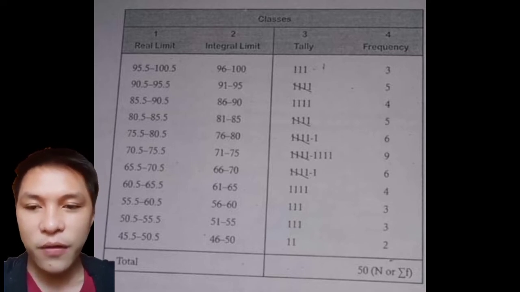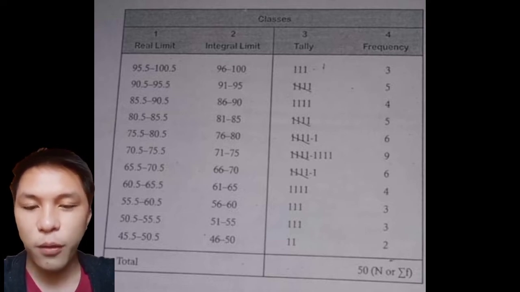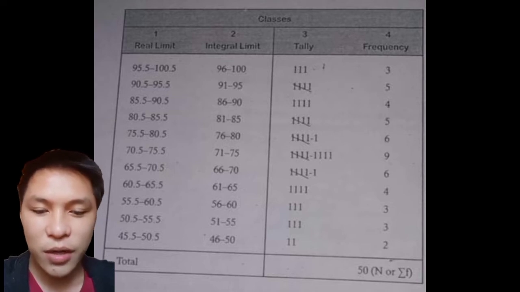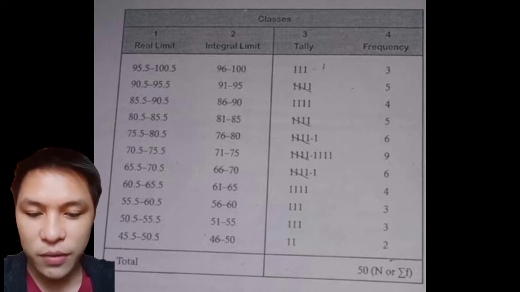So our frequency for 96 to 100 is 3. Our frequency for 91 to 95 is 5. For 86 to 90 it is 4. For 81 to 85 it is 5.